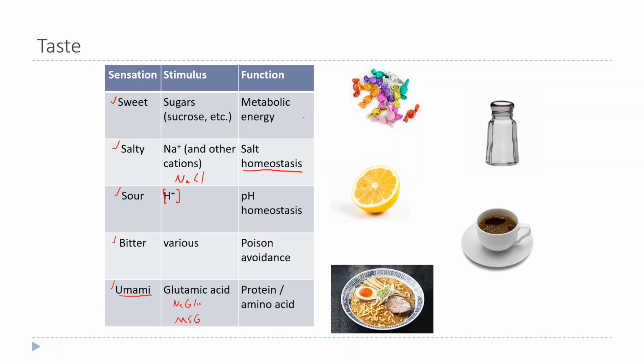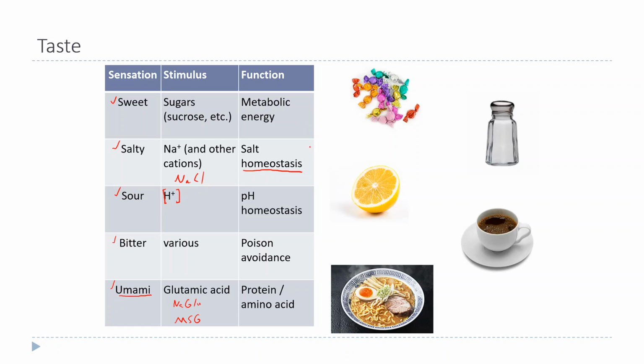So we usually enjoy food that is sweet. And that's because you pretty much always need more energy. Your cells are always using energy. Unless you've really just gorged yourself, there's really no such thing as too much energy available. So that's probably why the sensation of sweet always evokes positive emotions.